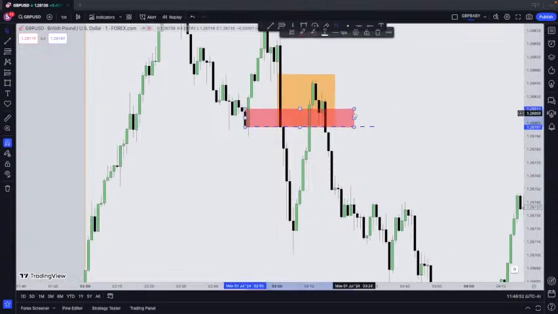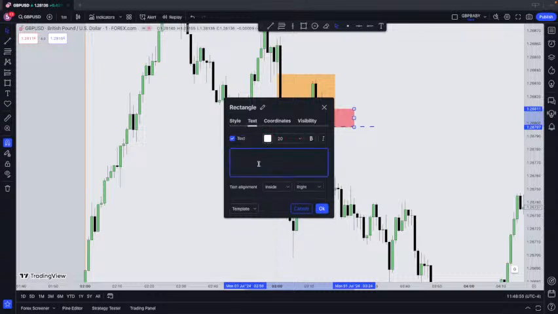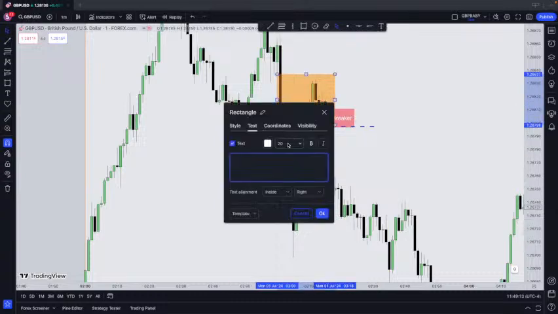So now we have a breaker. Breaker combined with a fair value gap.